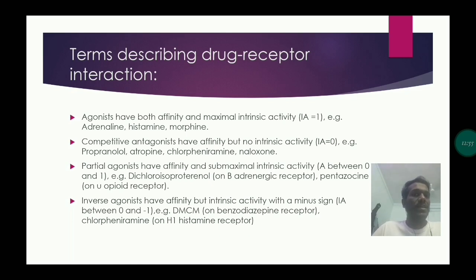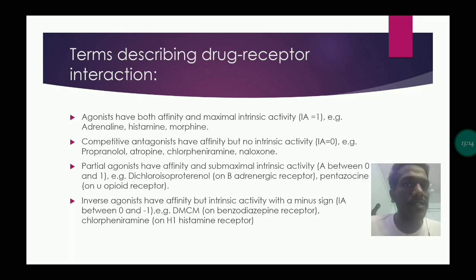Then we have competitive antagonists, which have affinity but do not produce any intrinsic activity, that is, their AI is 0. There is no production of activity, but there is affinity, so it competes with the agonist for the receptor site.